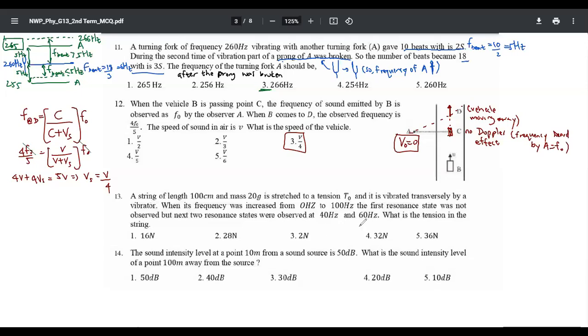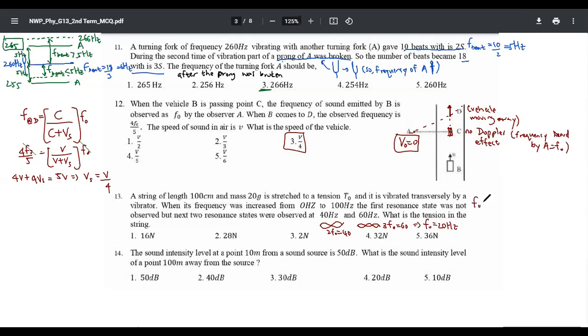So 40 hertz is this, 60 hertz is this, 3F naught. That means F naught is 20 hertz.